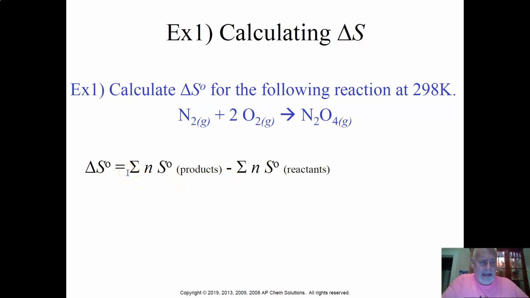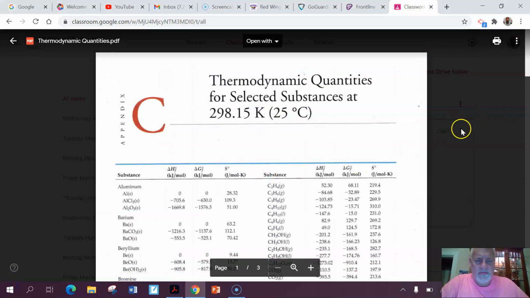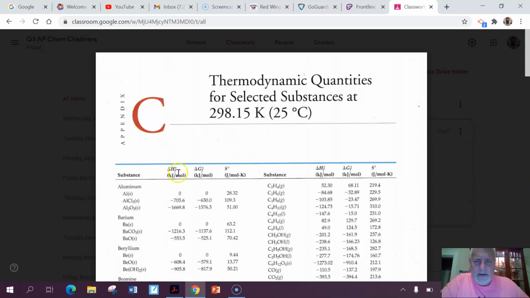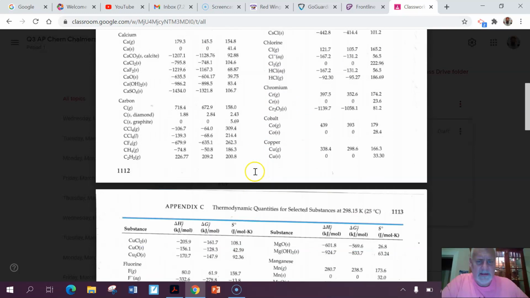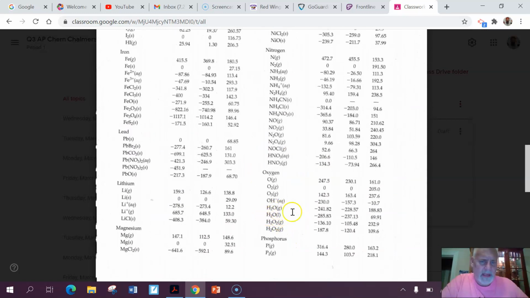So I did attach the thermodynamics quantity worksheet. I'm going to switch over to that really quick here. This will feel very familiar to you. We did these delta heat of formation reactions in kilojoules per mole, and you can see there are our entropy values. In the problems that we're going to do, they're talking about gaseous water, and there's the value right there.